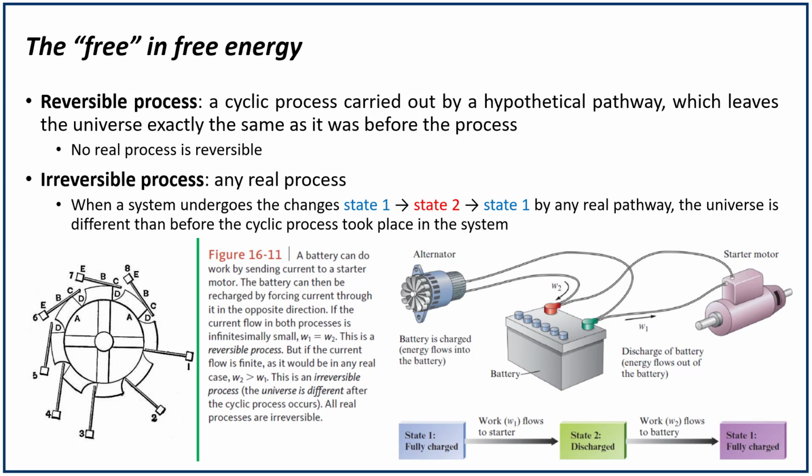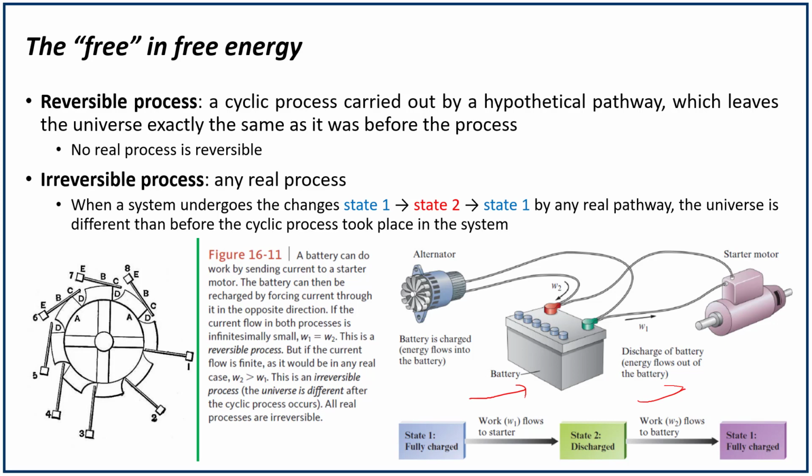So in the process of discharging and recharging, keep in mind that we have a finite flow of current as the car battery is discharged, and also a finite flow of current as the battery is recharged. And in the case of recharging a battery, more work will always be required to recharge it than the battery produces as it discharges.